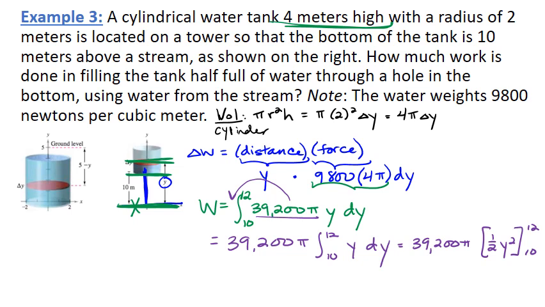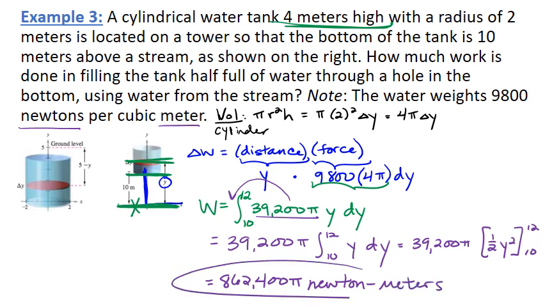You could probably do the heavy lifting here by plugging in those values, and you should end up getting 862,400 times pi Newton meters, since we're dealing with Newton meters. And that wraps up section 7.5.